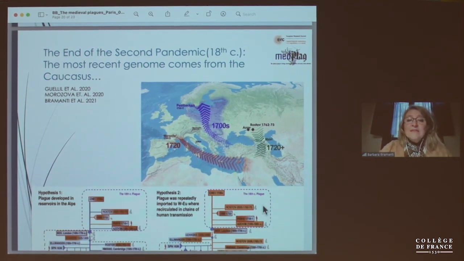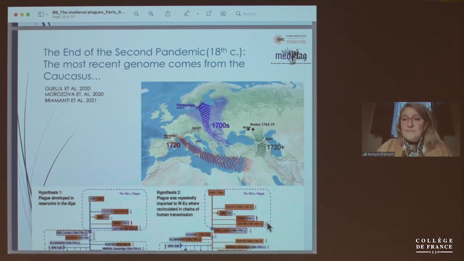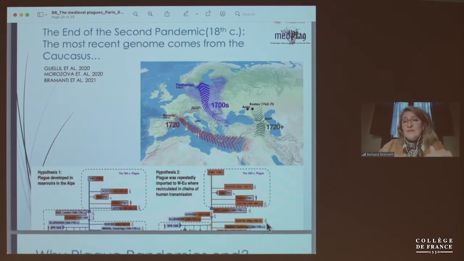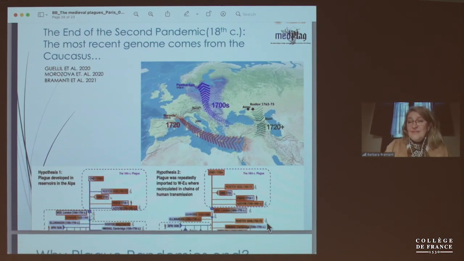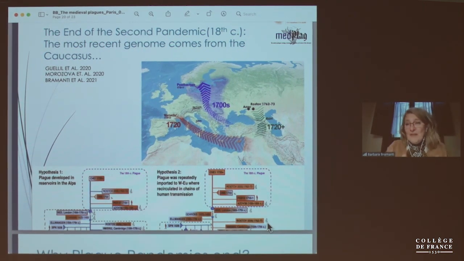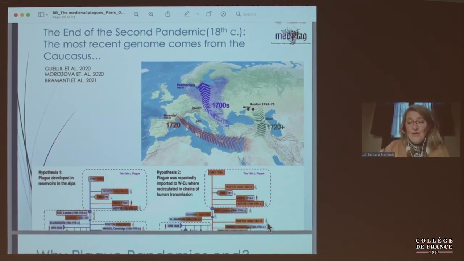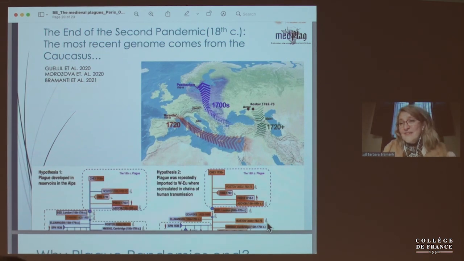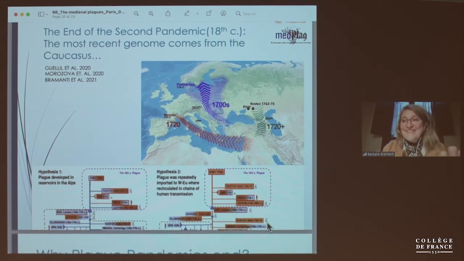Therefore, at least for this last part of the phylogeny, I think there is not much doubt that it was imported from the East. And if the reservoir was in the East, probably it has remained in the East from the time of the Black Death. I cannot say where, in the Middle East, in Central Asia, somewhere, I don't know.